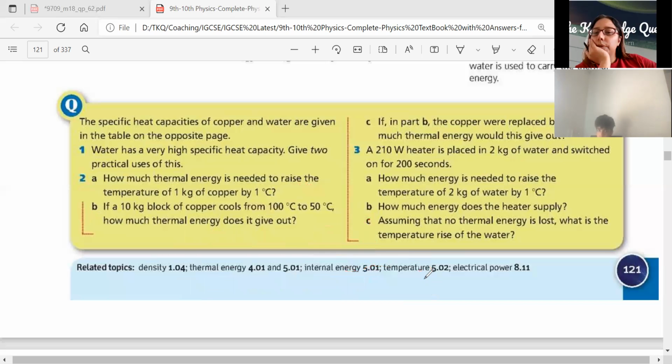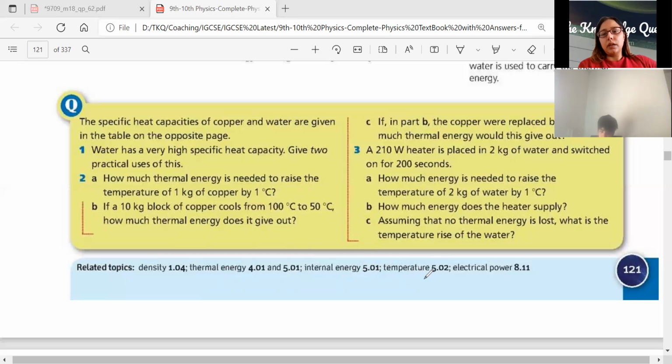Next is the third question. Energy. So again, 2 into 1 into 4200. So 8400 joules. Let's go step by step. How much energy is needed to raise the temperature of 2 kg of water by 1 degree Celsius?